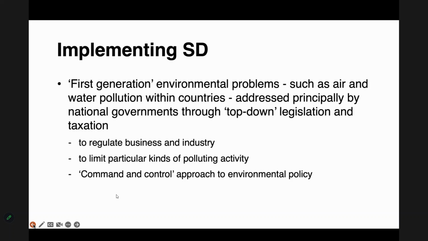We refer to this as a command and control approach to environmental policy. So the government issues a command in terms of a legislation, a law, or a mandate that you have to follow. And then you control to make sure that everybody follows that.